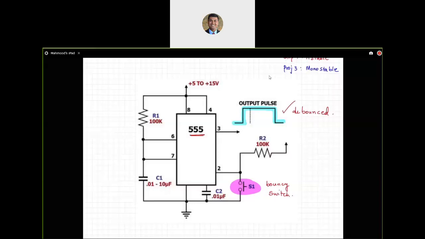And as you can see, a few key differences between the astable mode for experiment 7 and monostable mode for project 3. We are not actually using R1, R2 as we were. Pin 2 and 6 are not connected to the same point. Over here, you have a slightly different configuration. So let us start talking about R1 and C1.